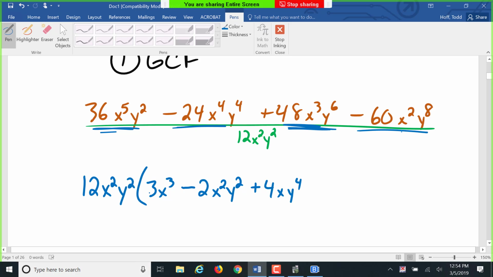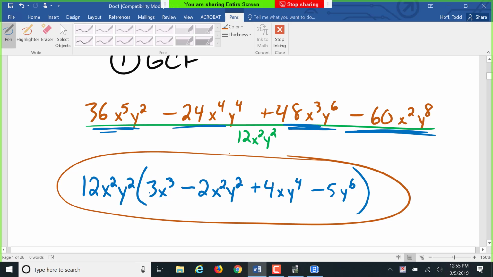Perfect. 4xy to the 4th. And how about the negative 60x squared y to the 8th divided by the 12x squared y squared? Perfect. Negative 5y to the 6th. And there it is. That's it.